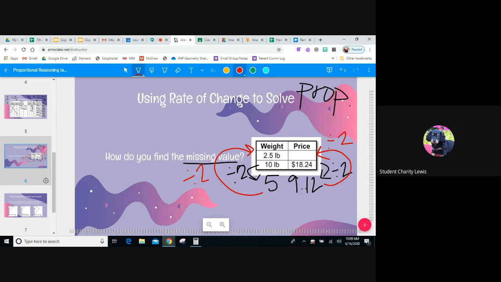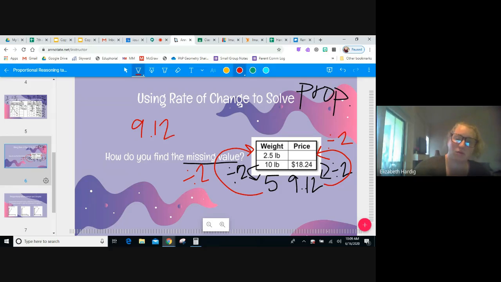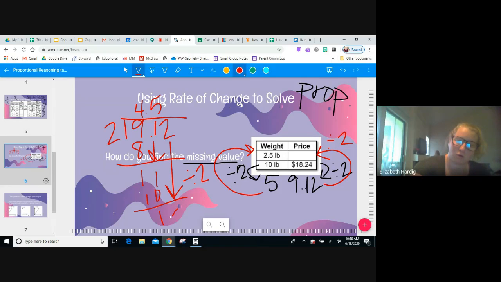So I have 12 hundredths divided by 2. So I take 4. We get 456, which means 2.5 pounds cost $4.56.